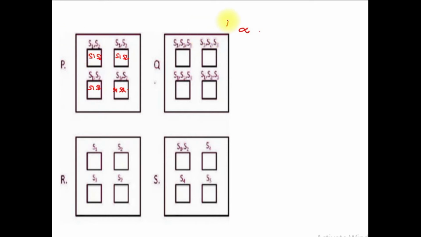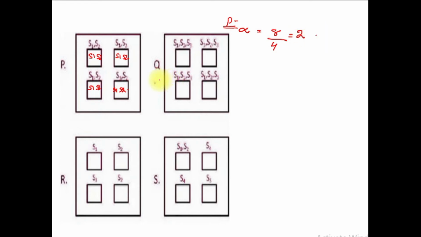Here we are calculating for P. In case of P, we have 1, 2, 3, 4, 5, 6, 7, 8, so 8 species, divided by total habitats. How many habitats are there? There are 4 habitats, since each small box represents a habitat. So dividing 8 by 4, we get 2.